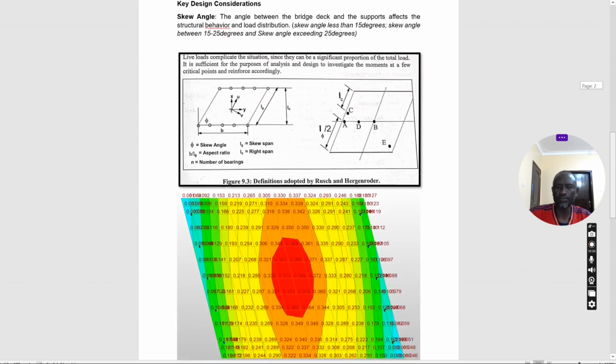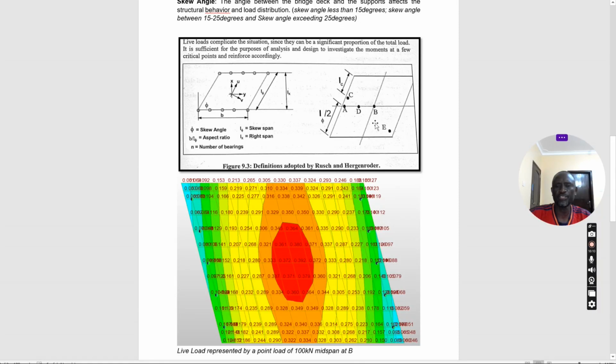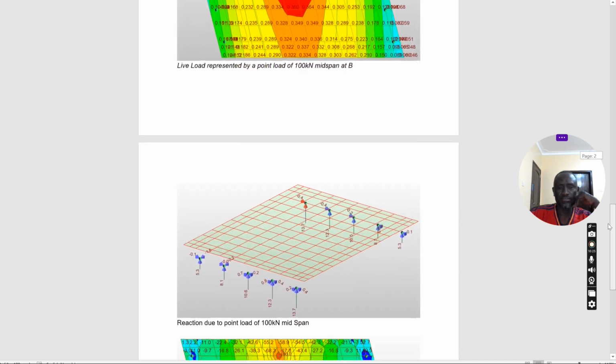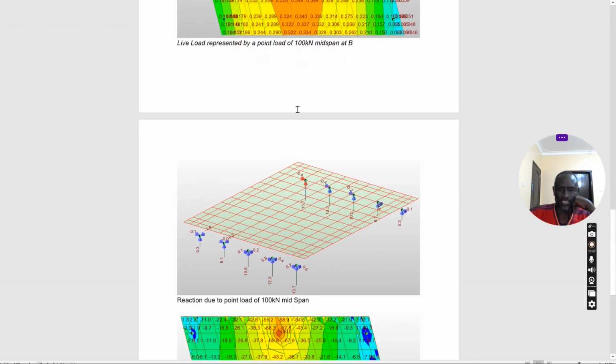So when you look here now, we realize that when you place your load at the center, this is now when you place it at B. So this is the implication. You can see the load distribution. These are the contours you can generate and have a look at, and then you get to see the worst case. Then the reactions: you find that these are the obtuse angles, here and there.